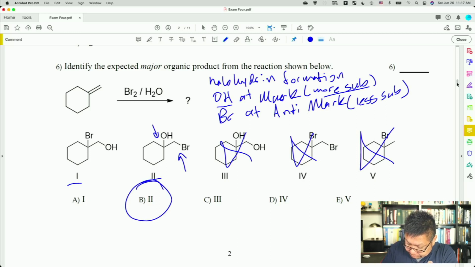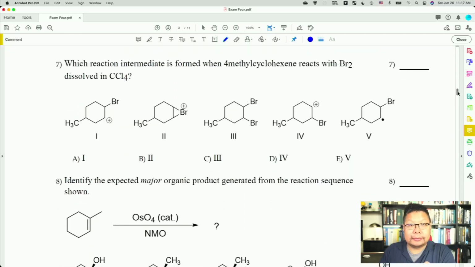Next, which of the following intermediates is formed when 4-methylcyclohexene reacts with Br2 dissolved in CCl4? Uh, carbon tetrachloride is what that is. Okay. So this is actually pretty easy because you remember that bromine is one of those that doesn't go through a carbocation intermediate, right?